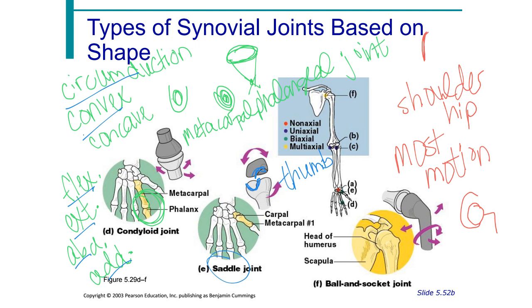Shoulder, not so much. The socket is barely concave, and the head of the shoulder sits in that joint. But it allows for rotation in all three planes, so it allows for the most motion that we can get out of a joint.